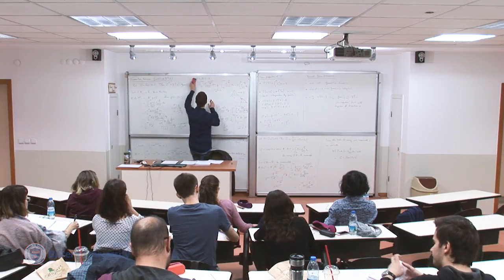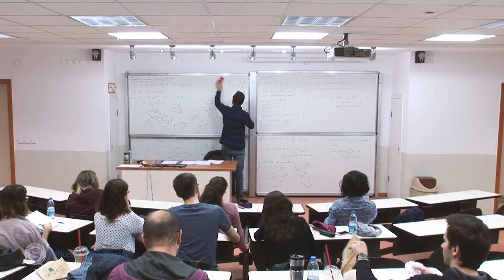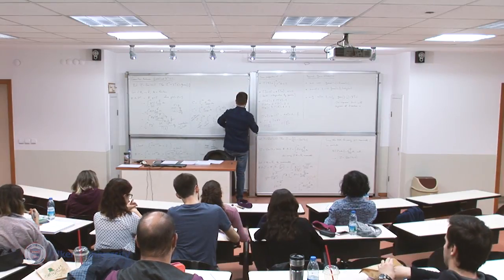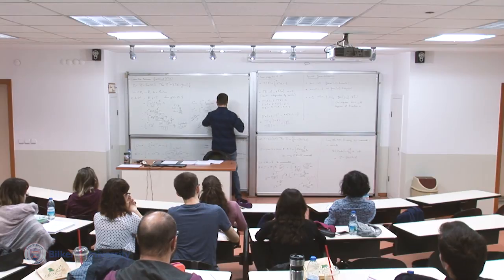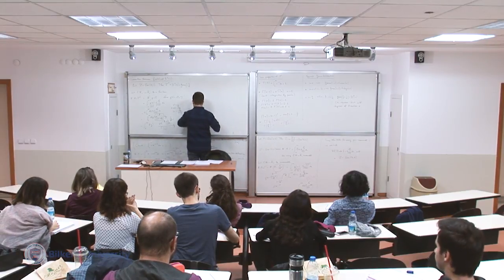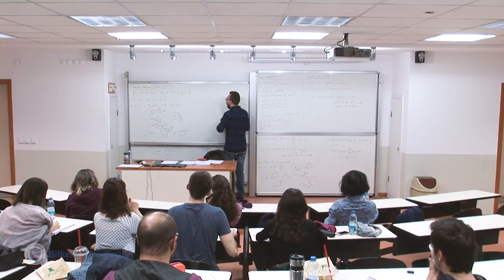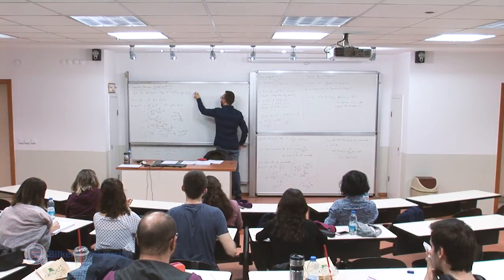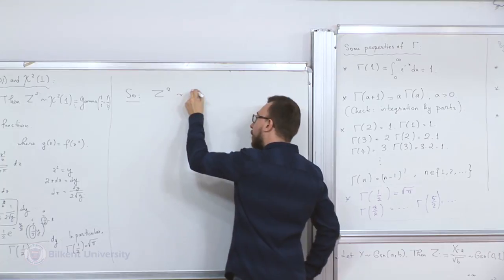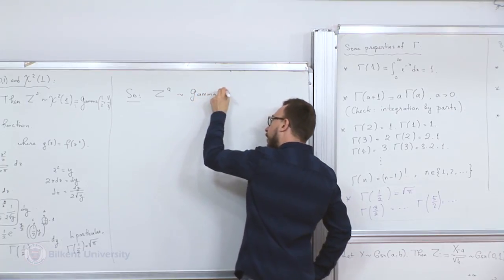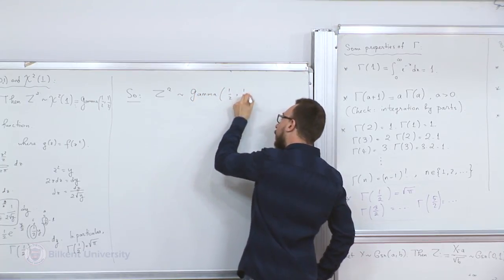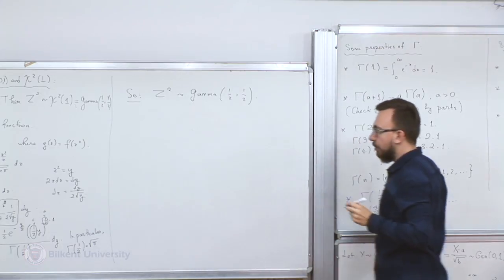So what we showed is that z squared is a gamma random variable with parameters 1/2, 1/2. So z squared is gamma 1/2, 1/2 is the conclusion.